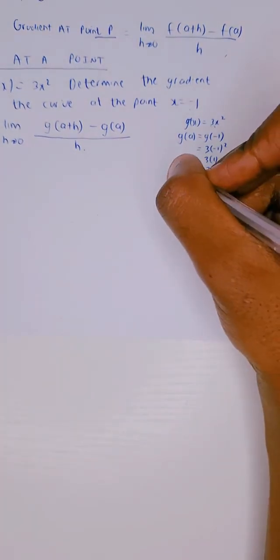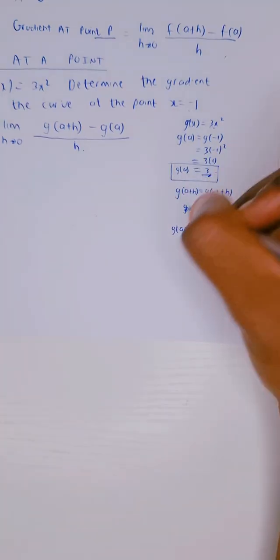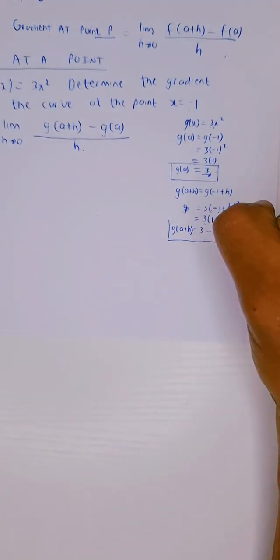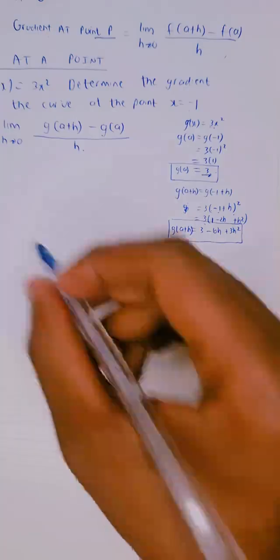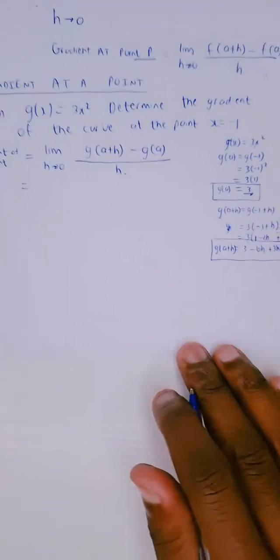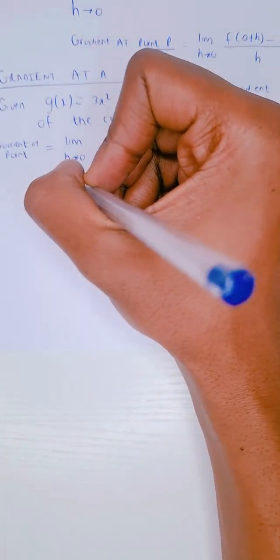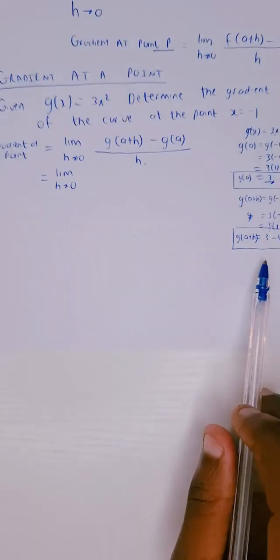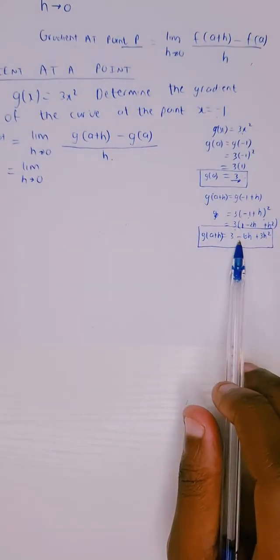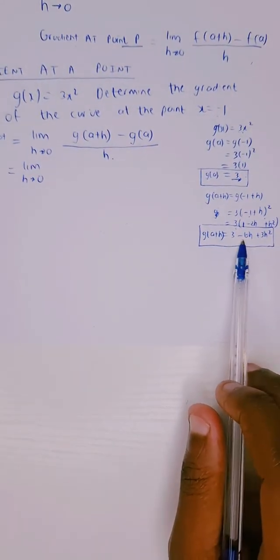Then I'm going to take this, having gotten and simplified it on the side, come to the formula and substitute g of a plus h. There it is, g of a plus h.